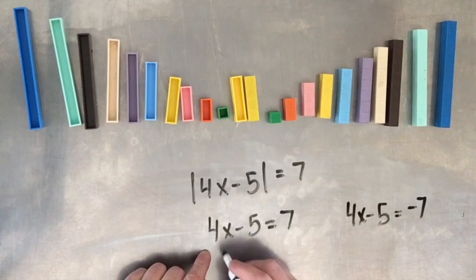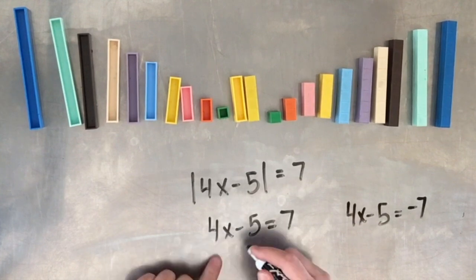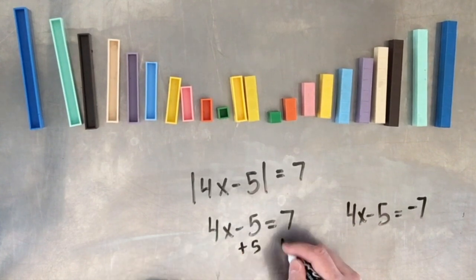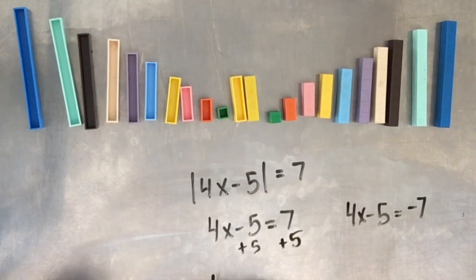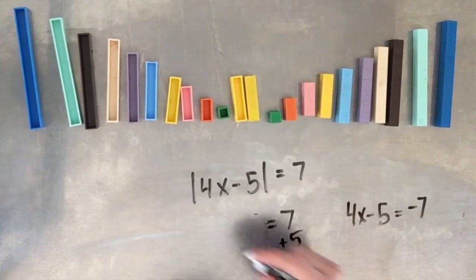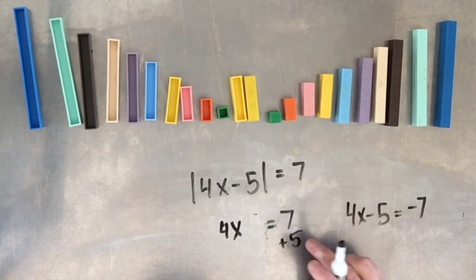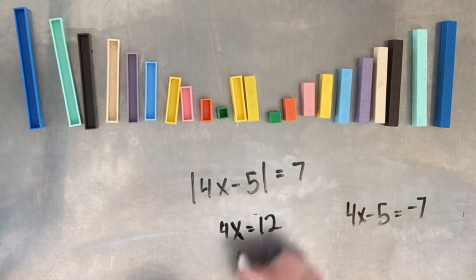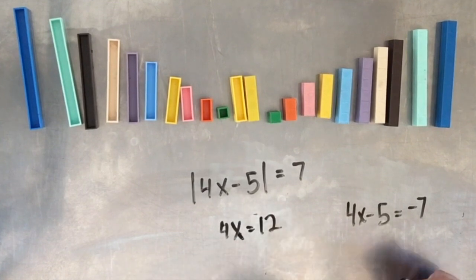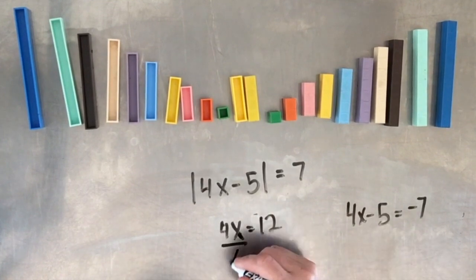So let's just check this. So let's do zero, so plus 5 plus 5. So you got 4x here, since this is just 0, and that's the same as 12 on this side, right? And then divide by 4, divide by 4.